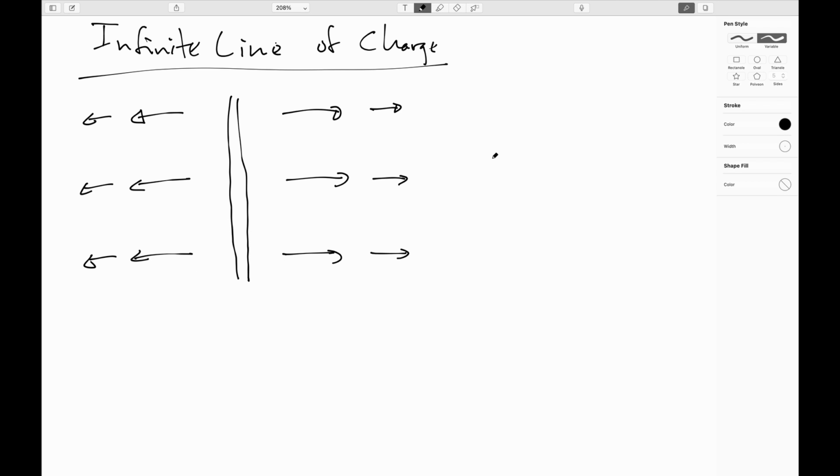So let's say we have an infinite line of charge. We can get it by taking our previous result for a rod of charge, which is 1 over 4 pi epsilon naught, Q over the square root of (L over 2) squared plus r squared.